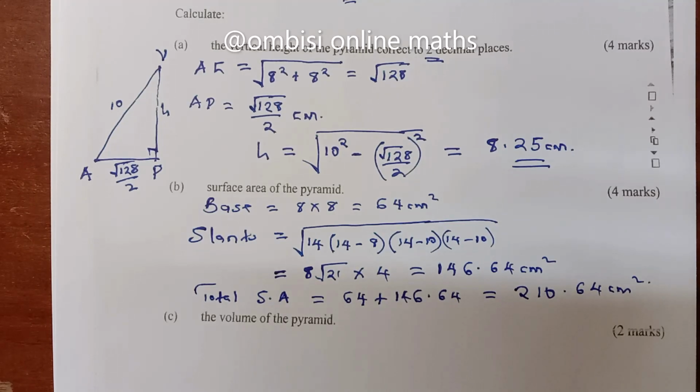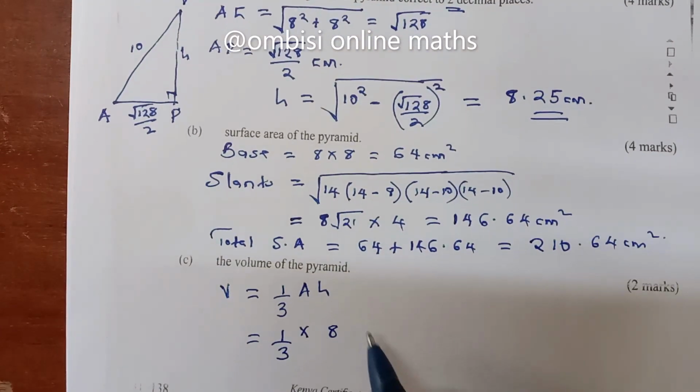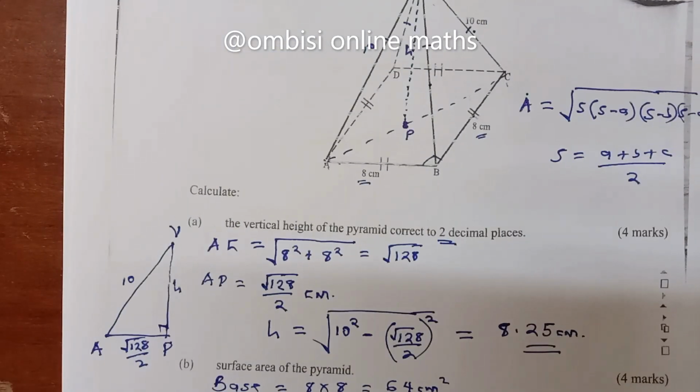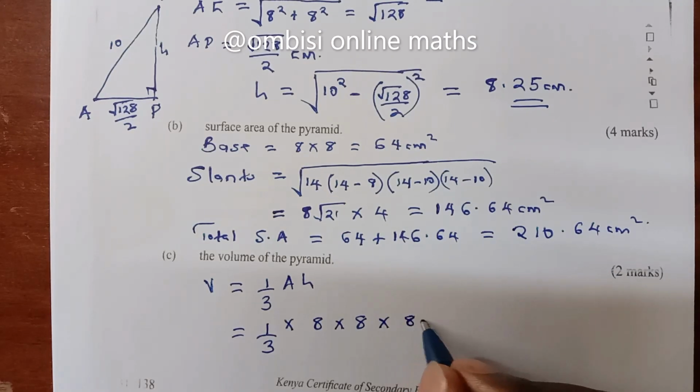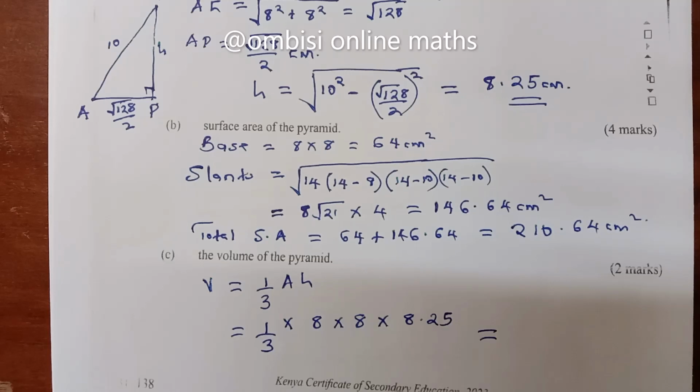Next is looking for the volume of the pyramid, and we know that the volume of a pyramid equals a third multiplied by base area times height. Now this one is going to be a third, the base area is going to be 8 times 8, multiplied by the height. The height, we found, is 8.25.